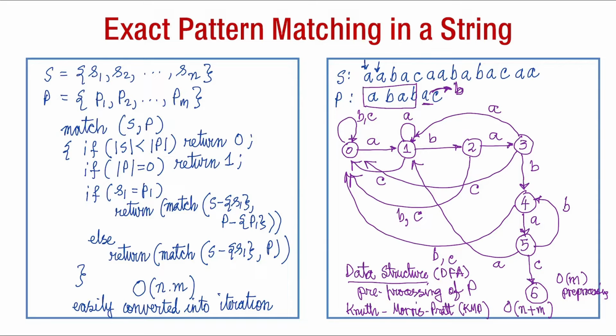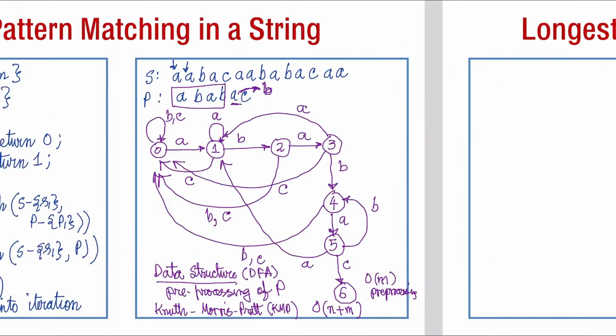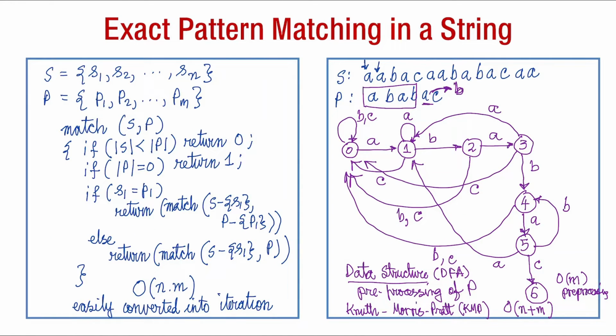So I will just scan the string once, I will scan the pattern once and get a more efficient algorithm. We will do string matching in more details and pattern matching in more details in a separate lecture.